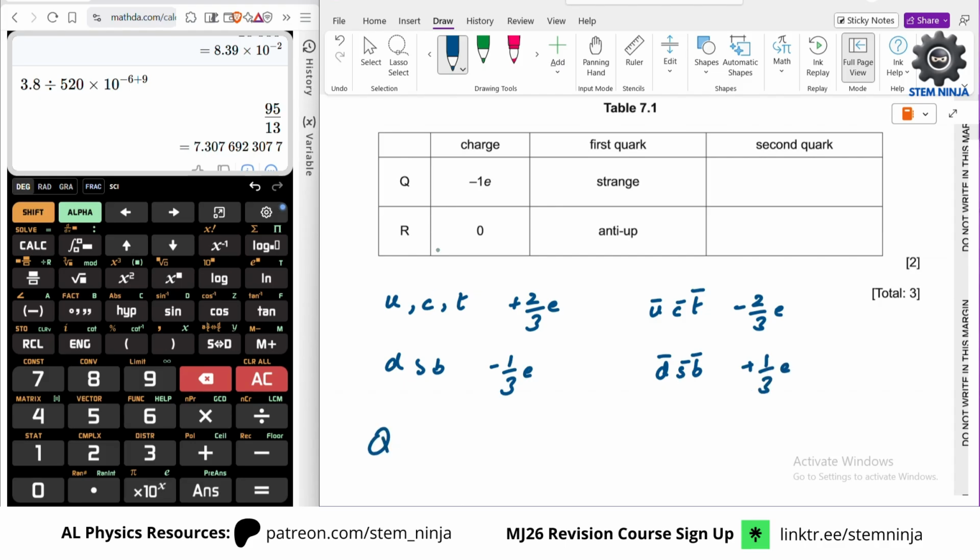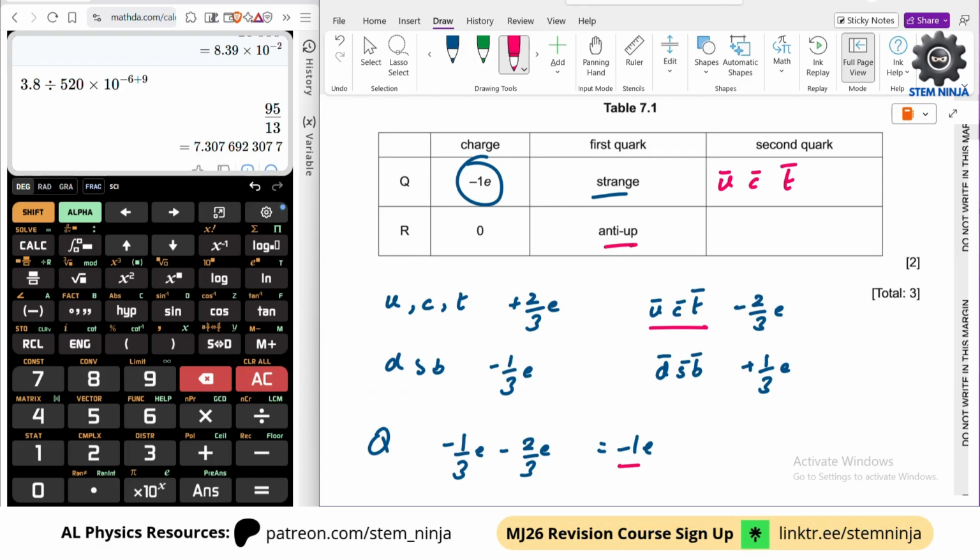So Q has charge -1e. It has strange first, which is -1/3 e, and we need it to make -1e. So basically we need -2/3 e to make it into -1e. So we can put anything from this group.